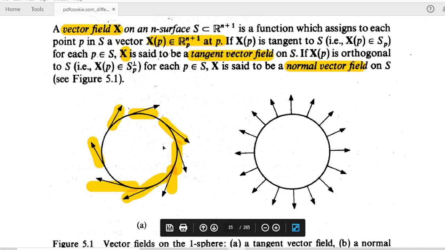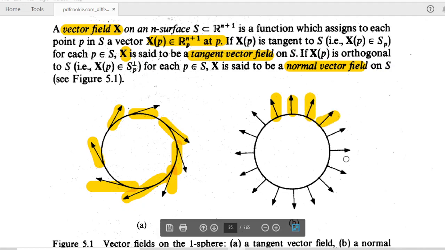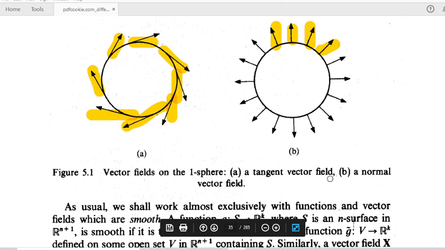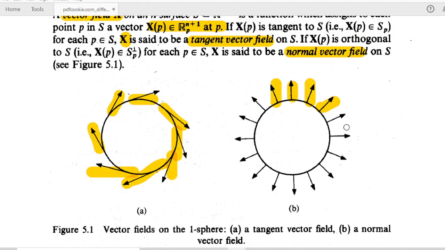Then the collection of such vectors is called a tangent vector field. Similarly, at every point if we assign normal vectors, then we call it a normal vector field. So normal or orthogonal vectors, okay, such a collection is called a normal vector field.